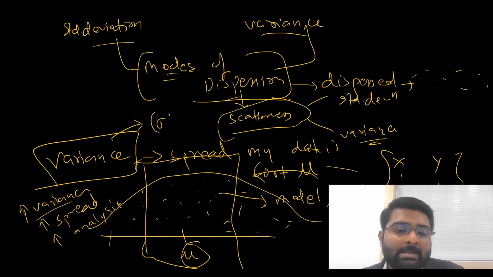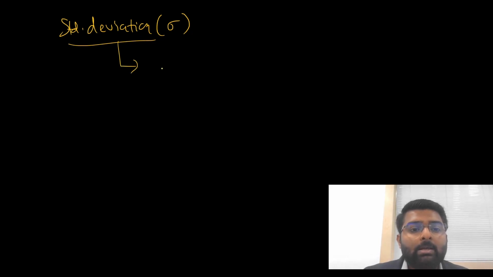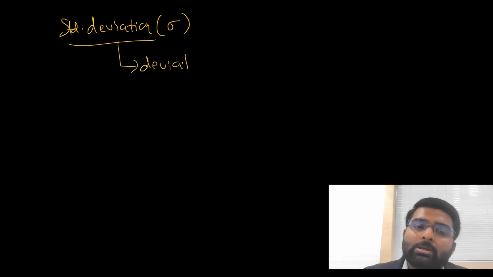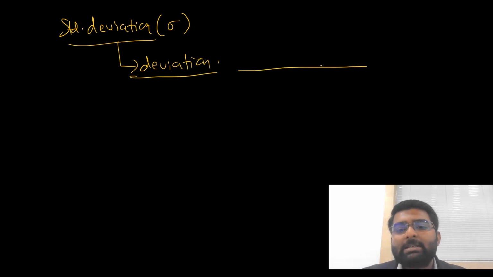Then I want to talk about the standard deviation, which is given by sigma. Please note, variance is given by sigma square and standard deviation is given by sigma. Deviation talks about something deviating, and this deviation has to be with respect to mean.